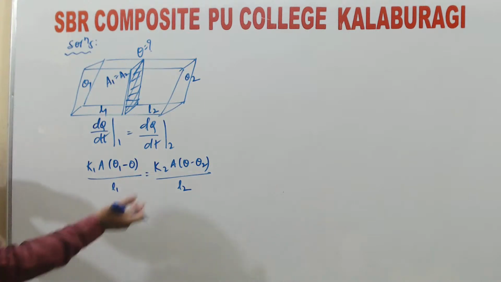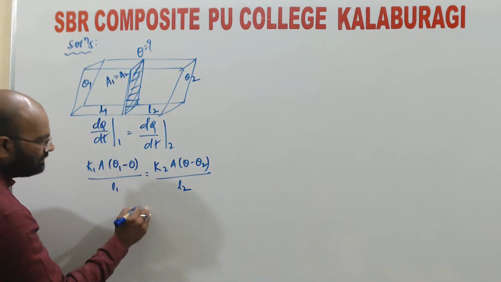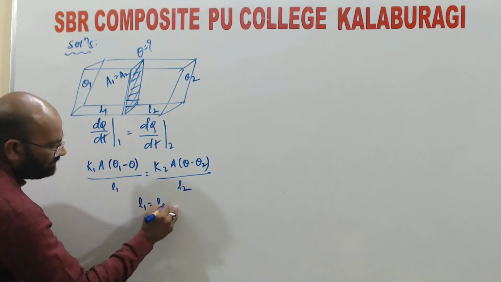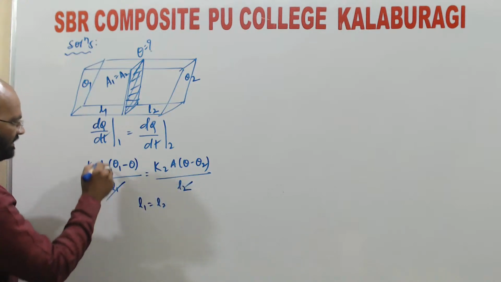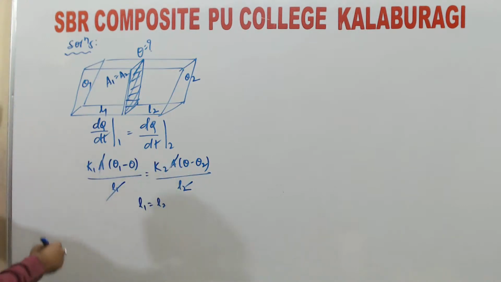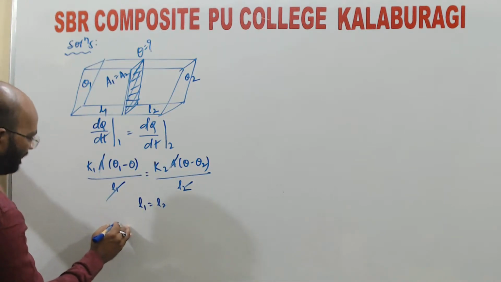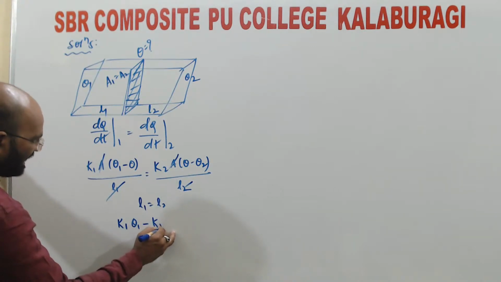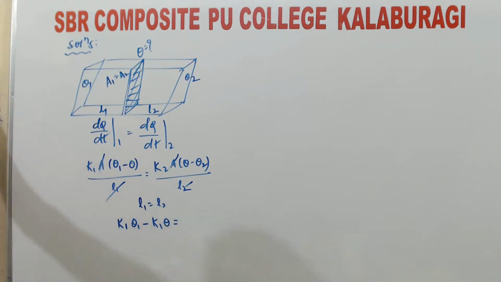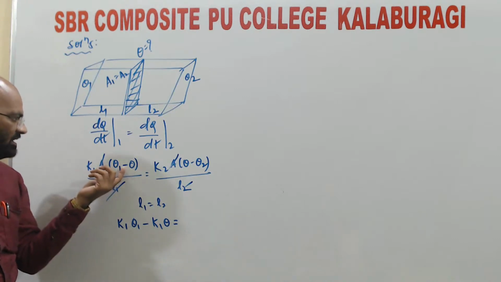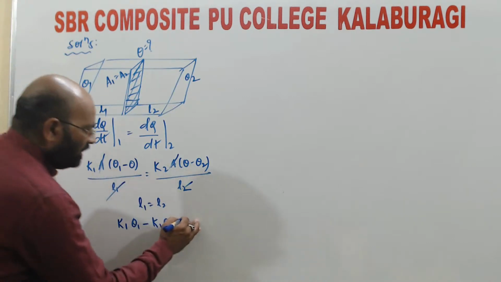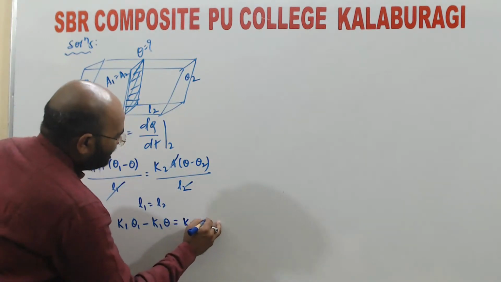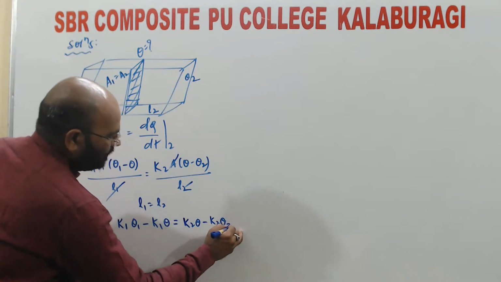If L1 equals L2, both lengths cancel, and the area cancels. Simplifying, we get K1 theta 1 minus K1 theta equals K2 theta minus K2 theta 2.